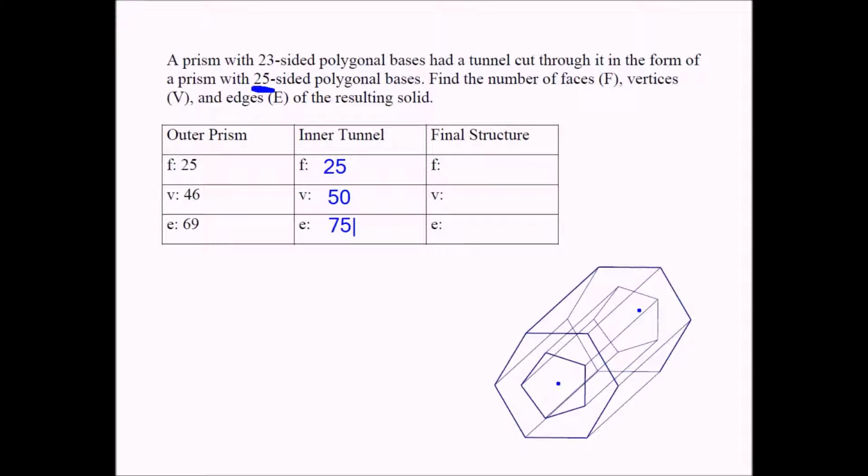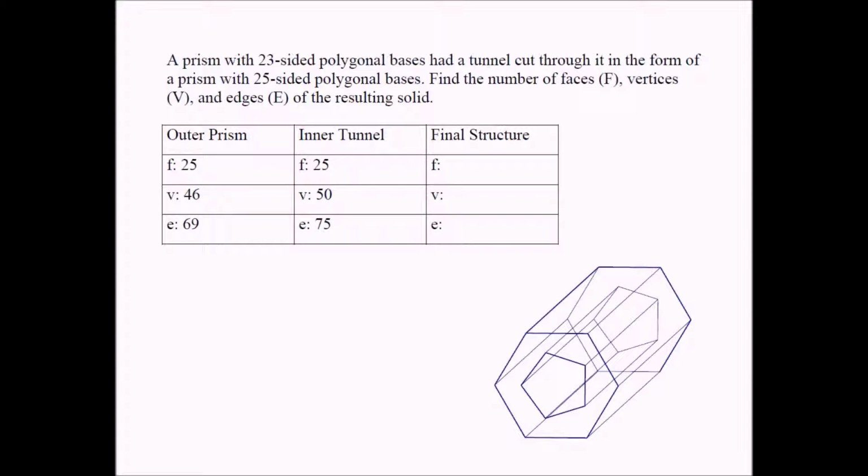Now I'm almost done. All I have to do is think about the final structure. So far, we concluded that the outer prism has 25 faces, 46 vertices, and 69 edges, and the inner tunnel has 25 faces that we should account for, 50 vertices, and 75 edges.